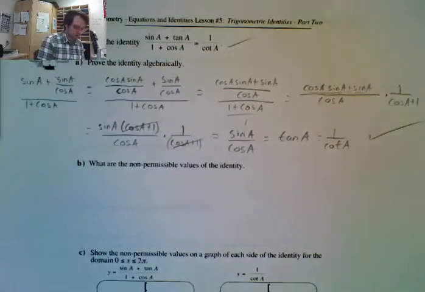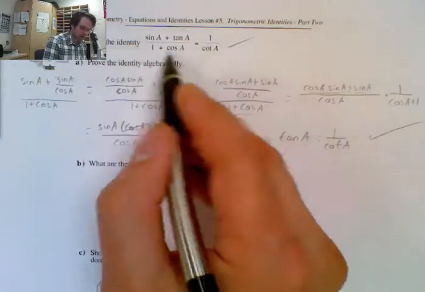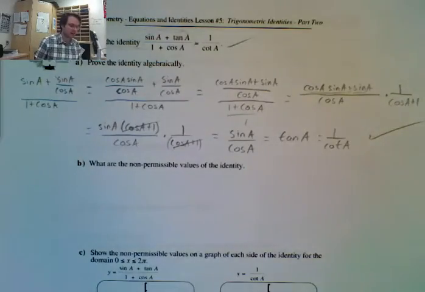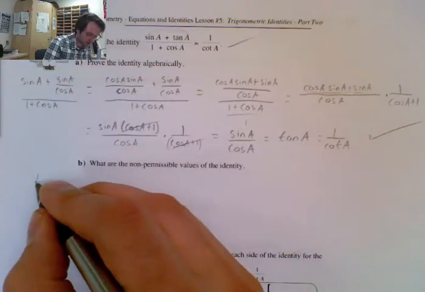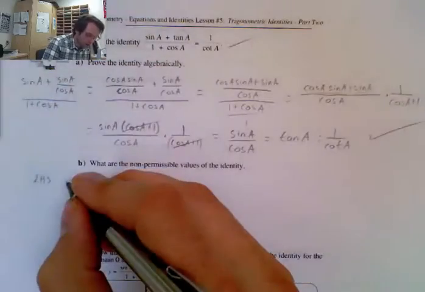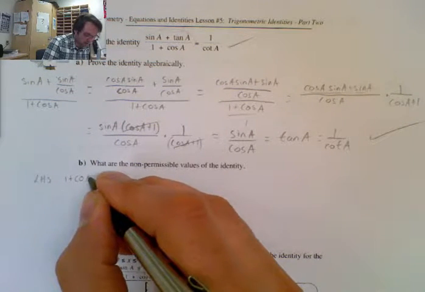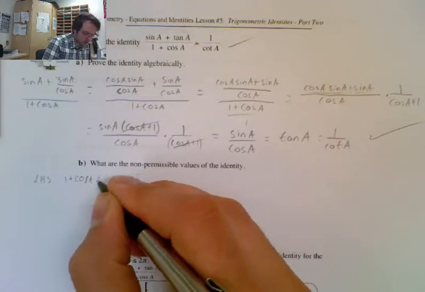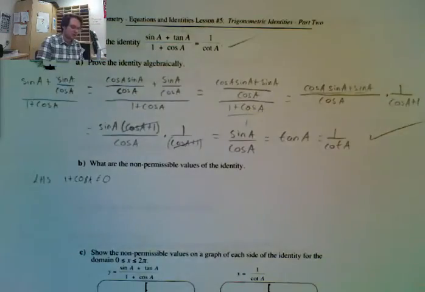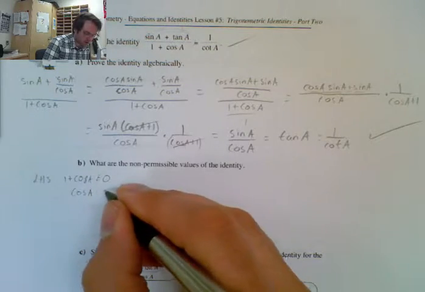Now, what are the non-permissible values of the identity? So I want to figure out what my non-permissible values are. So first, I'm going to look at this side here. So I'm going to look at my left-hand side. So I know that 1 plus cosine of a cannot equal 0. Okay? So in other words, I have cosine of a cannot equal negative 1.